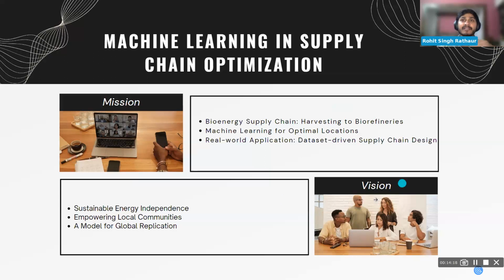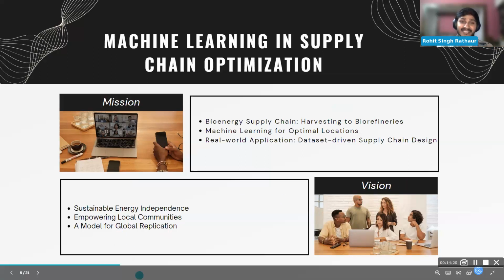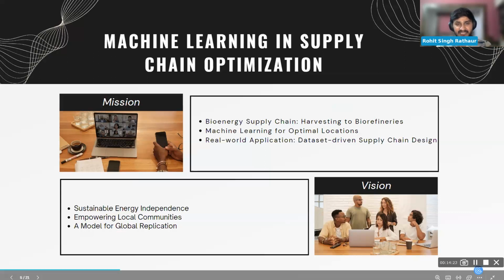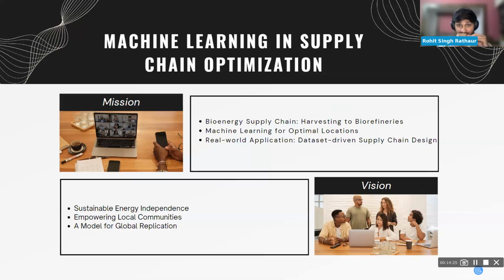At the heart of our vision is the empowerment of local farming communities. By transforming agricultural waste into a valuable energy resource, we were trying to create new revenue streams for farmers. This approach ensures that the benefits of sustainable energy production are felt at the grassroots level.